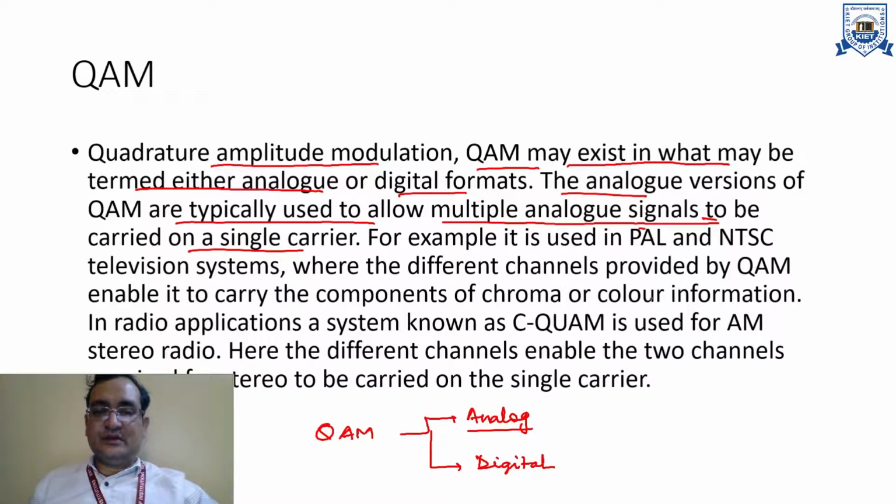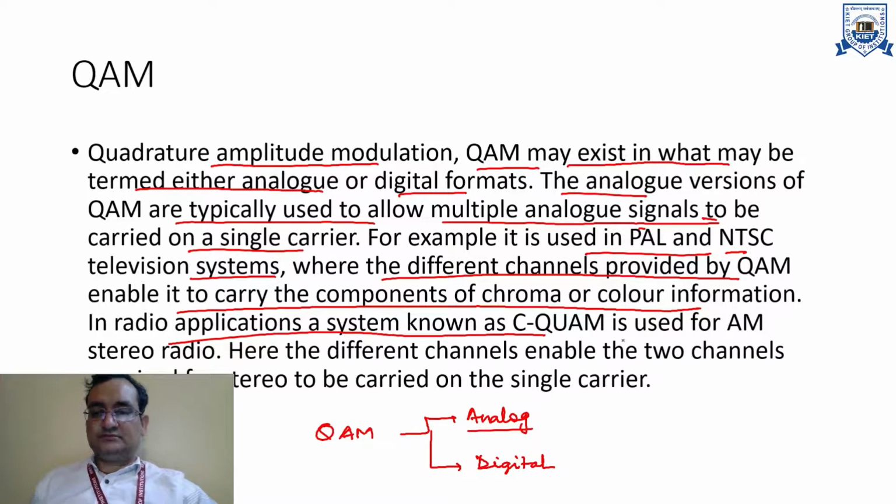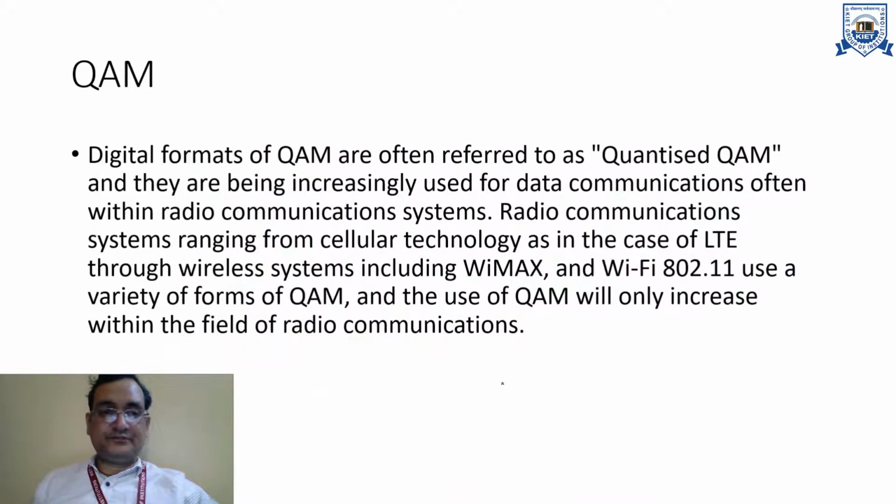For example, it is used in PAL and NTSC television systems, where the different channels provided by QAM enable it to carry the chroma, or color, information. In radio applications, a system known as C-QAM is used for AM stereo radio. Here the different channels enable the two stereo channels to be carried on the single carrier.